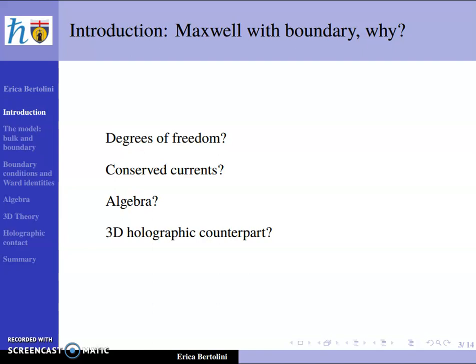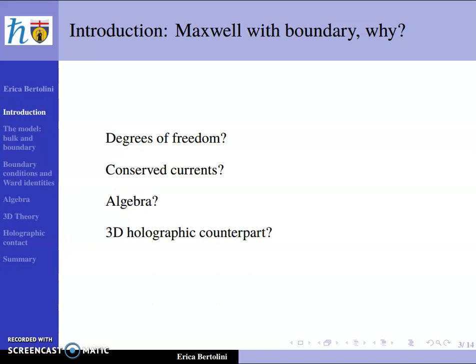And what happens if we add a boundary to the 4-dimensional Maxwell theory? Do we have any degrees of freedom? Are there conserved currents? Do they form an algebra? Is there a 3-dimensional holographic counterpart of the Maxwell theory? From all these questions arises this work, and so we decided to study the 4-dimensional Maxwell theory with boundary.